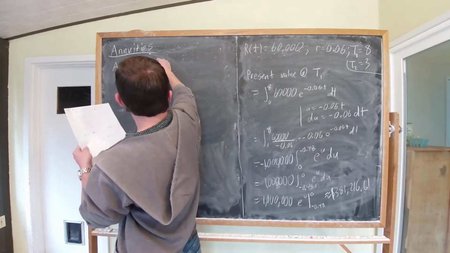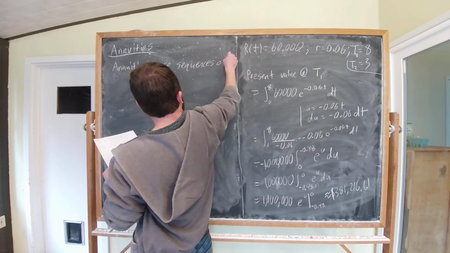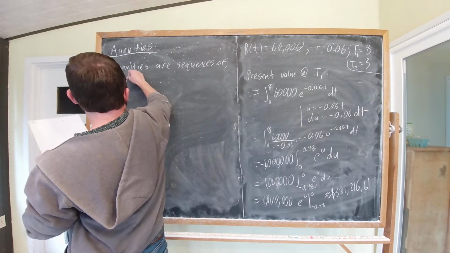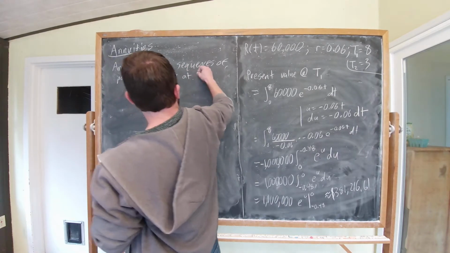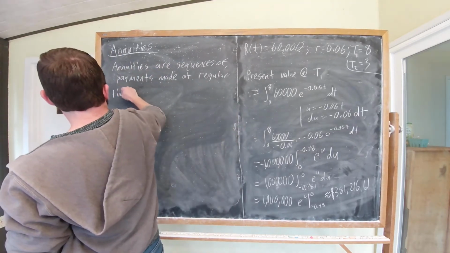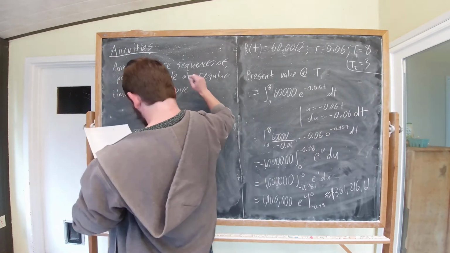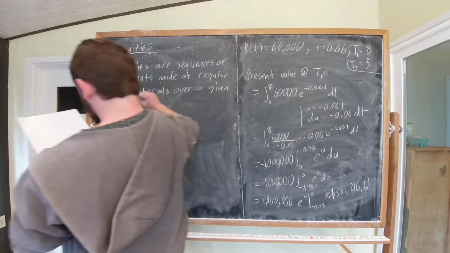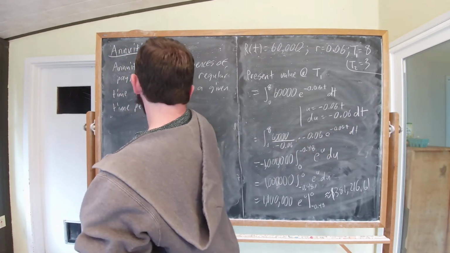Annuities are sequences of payments made at regular intervals over a given time period, which we call the term of the annuity.